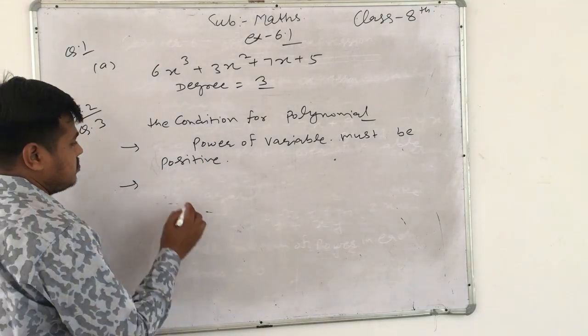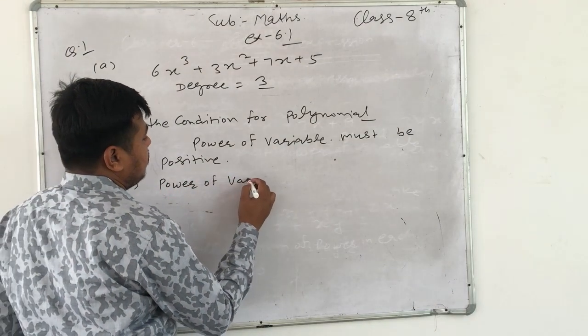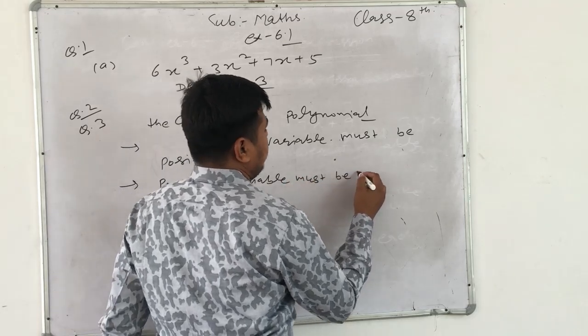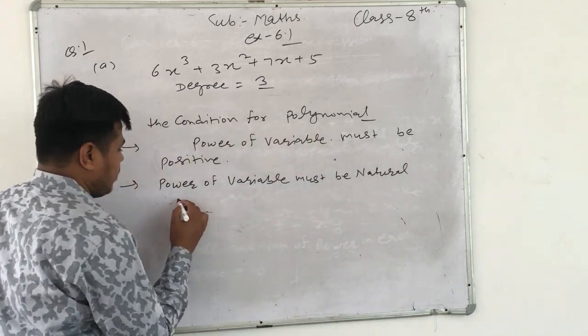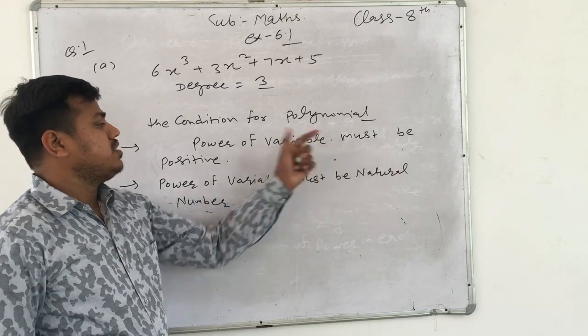Second, the power of the variable must be a natural number. It means the power of the variable must be positive.